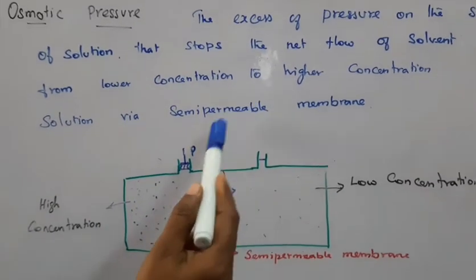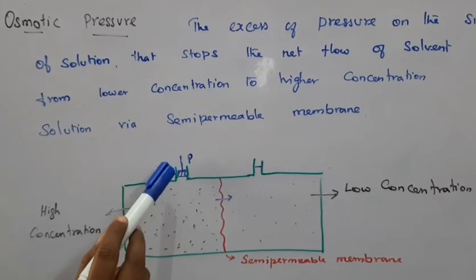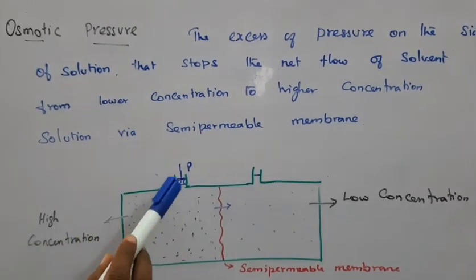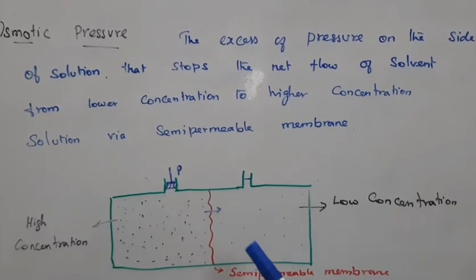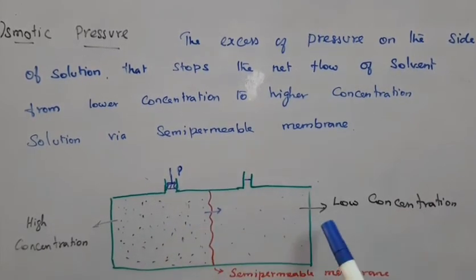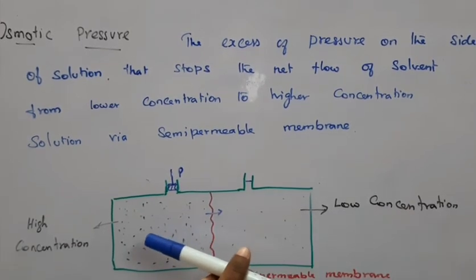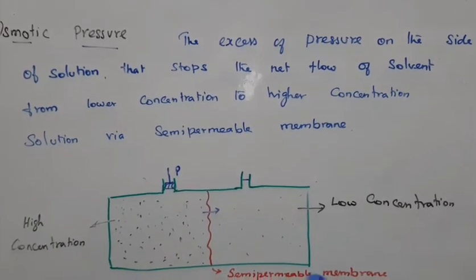Here we have to apply extra pressure. You see that this is a piston. Using this piston, we apply pressure to prevent the solvent flowing from lower to higher concentration. It will stop completely.